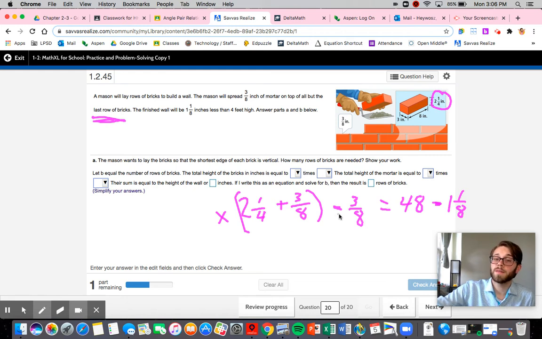And you could combine that before you set them equal to each other. So if you solve this all out, you would be able to figure out exactly how tall it would be. So what I'm going to do is distribute the x.